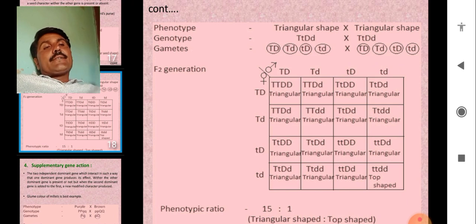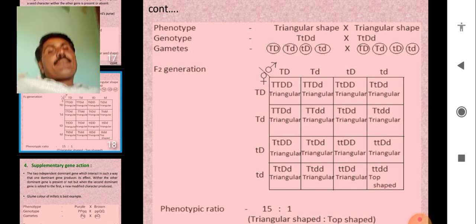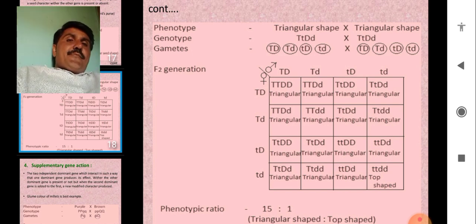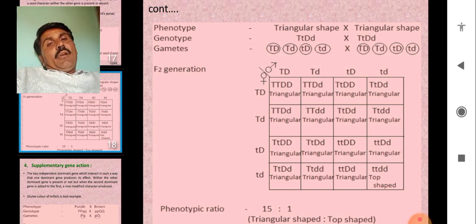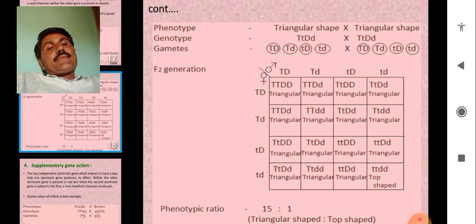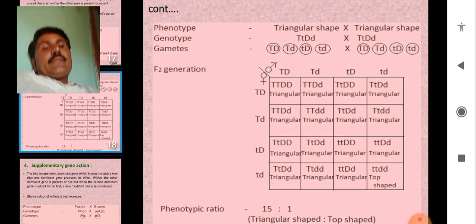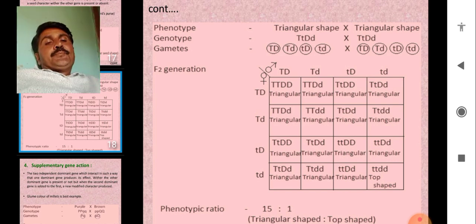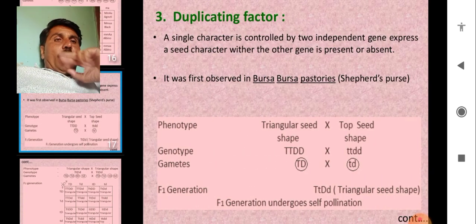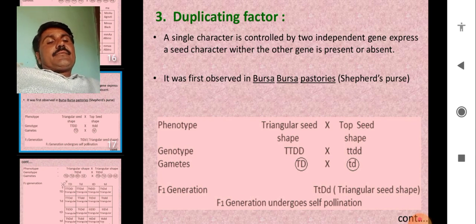We allow them to self-pollinate, and in the F2 generation we find the triangular shaped seeds were 15 and top shaped were 1. That is the ratio we got for the duplicating factor, 15:1.